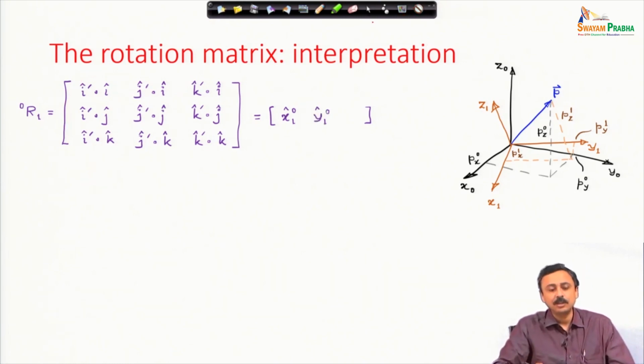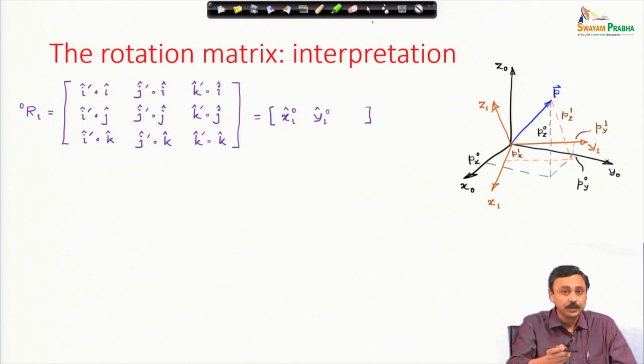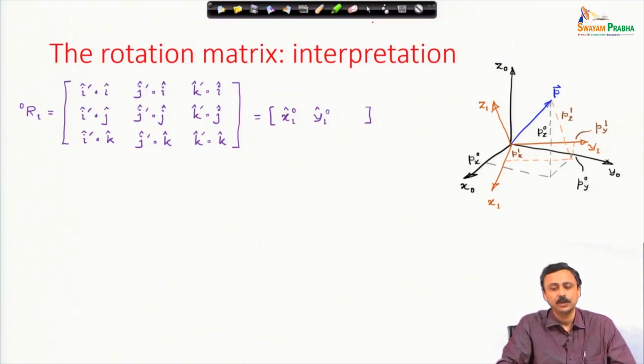Similarly, the second column you will find is the dot product with I cap, j cap, k cap of the unit vector j prime cap. In other words, it is a representation of y 1 in x 0, y 0, z 0. The columns are the coefficients of the unit vector y 1 in x 0, y 0, z 0.